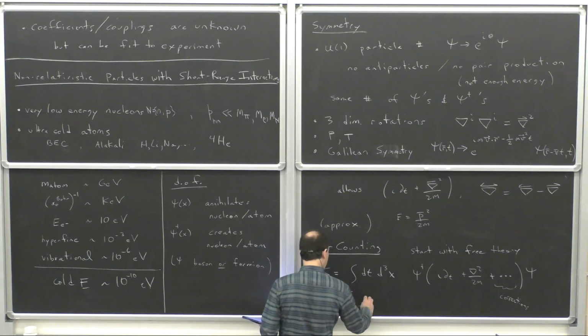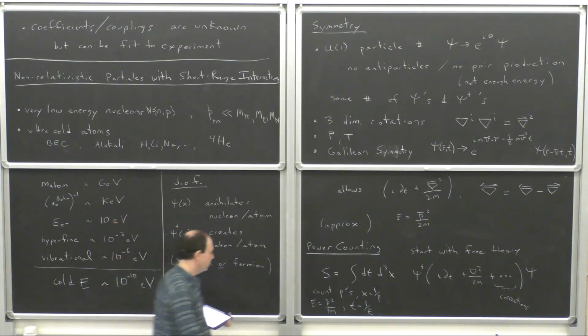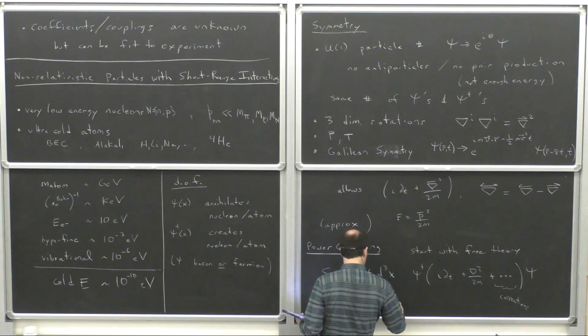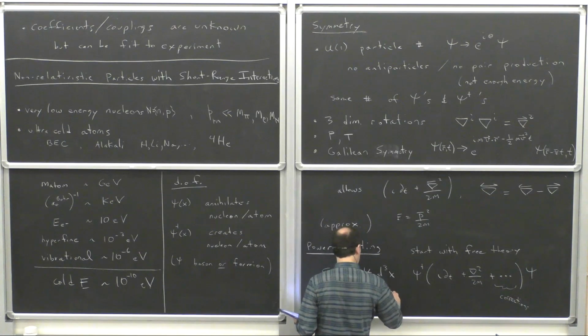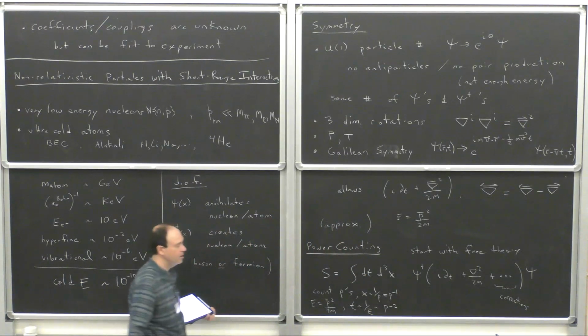Time counts like 1 over energy. Space counts like 1 over p. So each x gives a 1 over p. Each time gives a 1 over E, which counts like a 1 over p squared. So x is p to the minus 1, t is p to the minus 2.